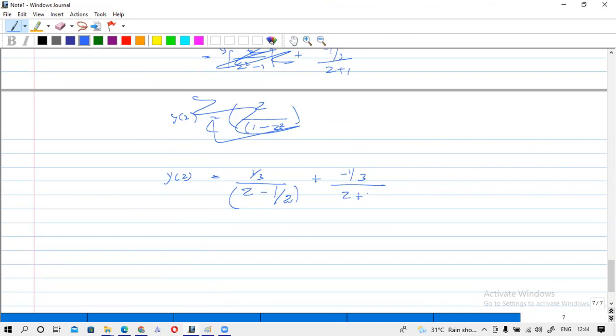If I simplify this further, you can take this 1 by 3 out. So if you divide all these z by z, you will get 1 over 1 minus half z inverse, minus 1 over 1 plus z inverse. Correct? Is this okay now?